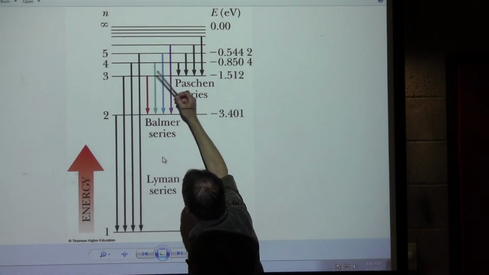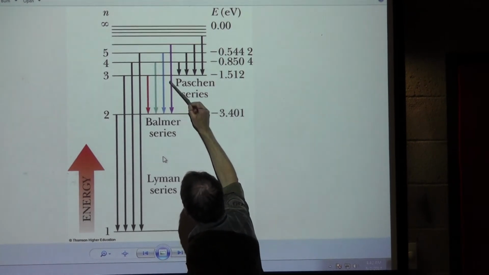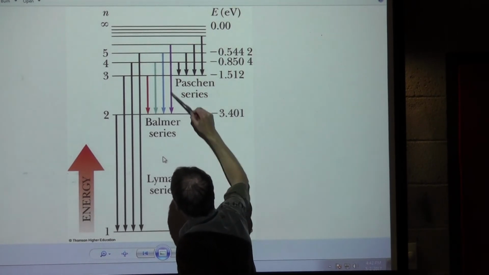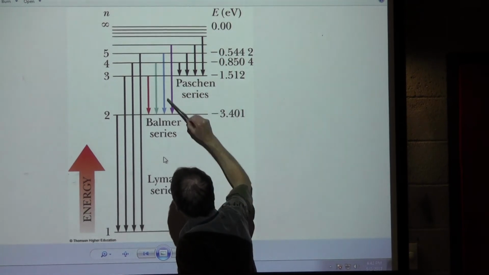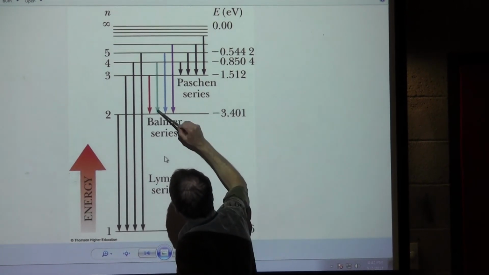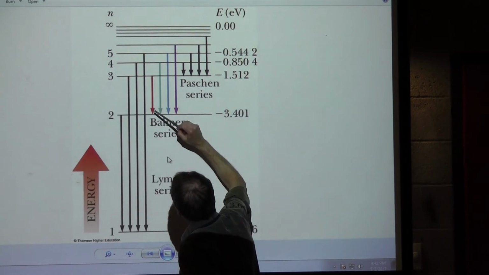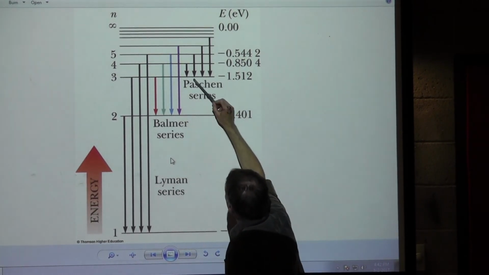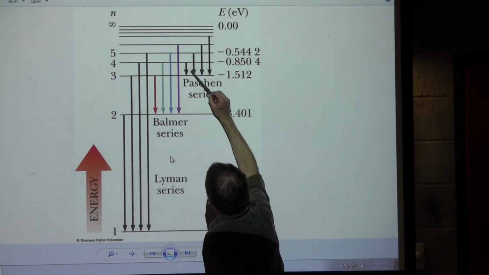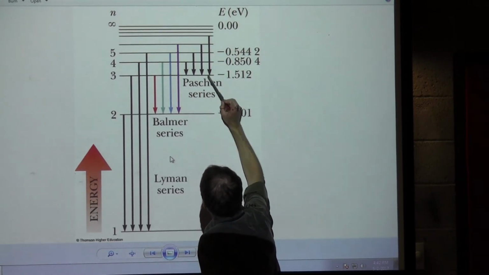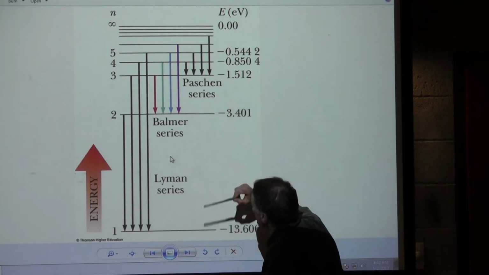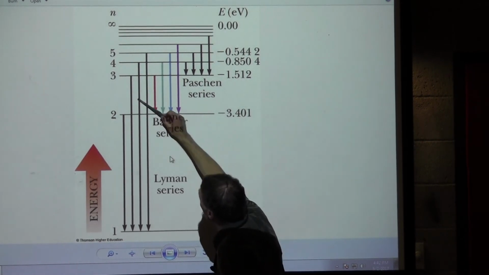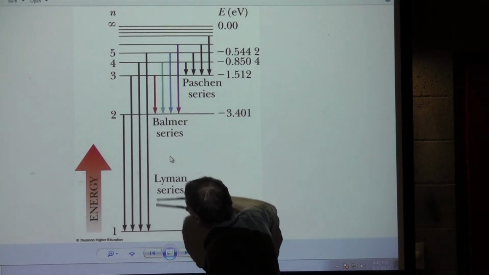The violet is more energetic, a bigger transition. Blue is less energy, green less than that, red even less. Out here, these are even smaller transitions, in the infrared. These are in the ultraviolet, much bigger exchanges.